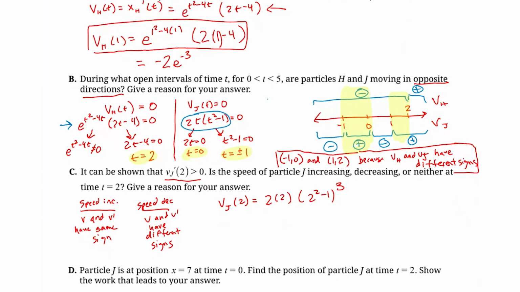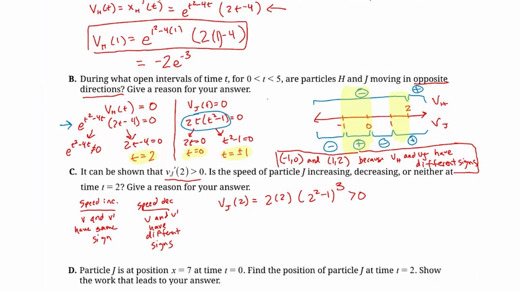Now, if you can just tell the sign here, you can be pretty much done, but this is one case where I think doing the arithmetic is worth it. We need to know whether this is positive or negative. 2 times 2 is 4. That's going to be positive. 2 squared is 4. 4 minus 1 is positive. So yeah, this is positive.